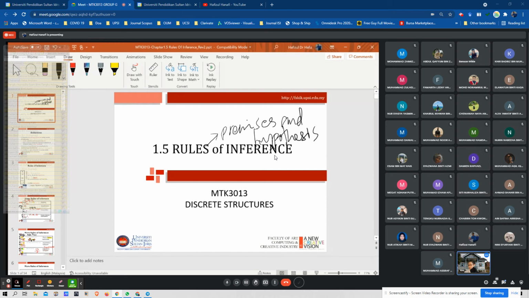Later we see that one in detail. In other words, an argument is valid when the conclusion logically follows from the truth value of all the premises. Before this, we have taken a look at the hypothesis and also the conclusion.